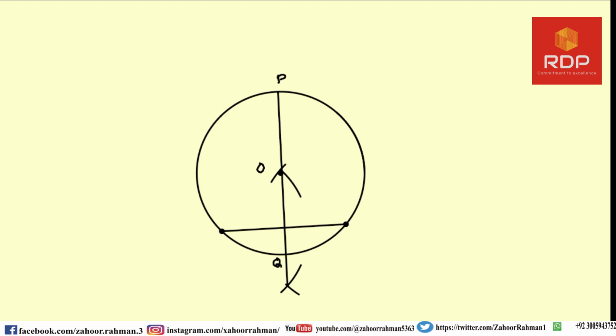So that is a diameter, because whenever a line is passing through the center of the circle and dividing the circle into two equal parts, so this PQ is diameter, and remember that this is the chord. So this is the chord and that is the diameter of that circle.